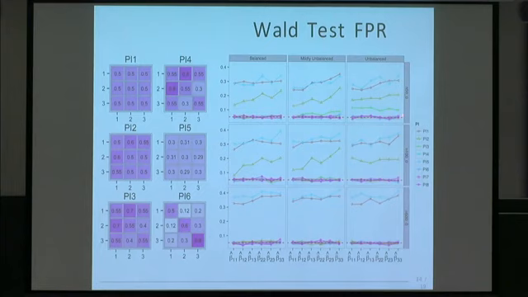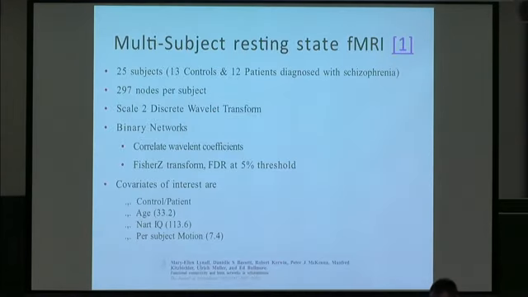What's the other one here? P2. This is also very hard because these two are close to indistinguishable because of the similarity. But with enough data, all but P1 and P5, we're getting the nominal false positive rate, and we also computed the power as well. But I'm not showing it.